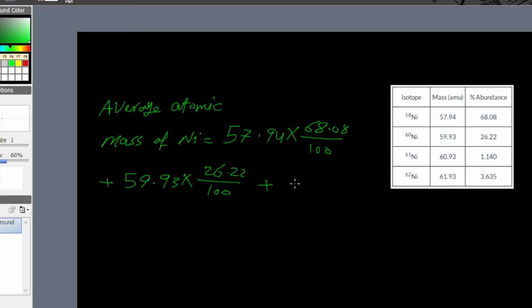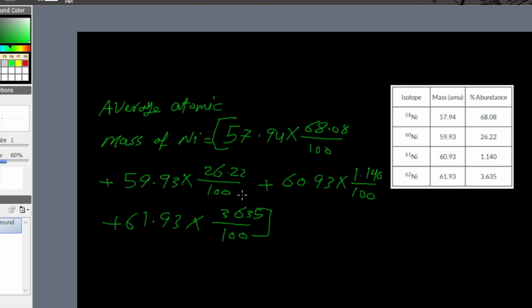So the mass of this isotope 60.93 times its percentage, which is surprisingly 1.140, over 100, of course, plus 61.93 times the percentage of abundance of this isotope, which is 3.635 over 100.